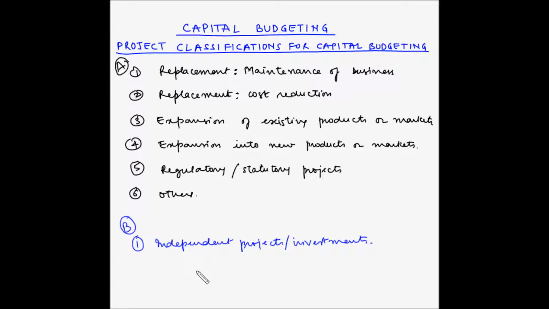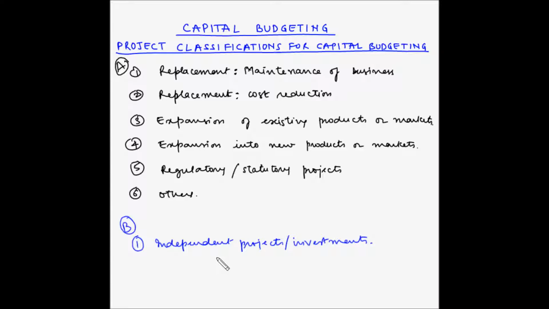These are projects or investments which do not compete with each other. The profitability of each project is evaluated independently, and depending on the availability of funds, they may or may not be included in the capital budget.